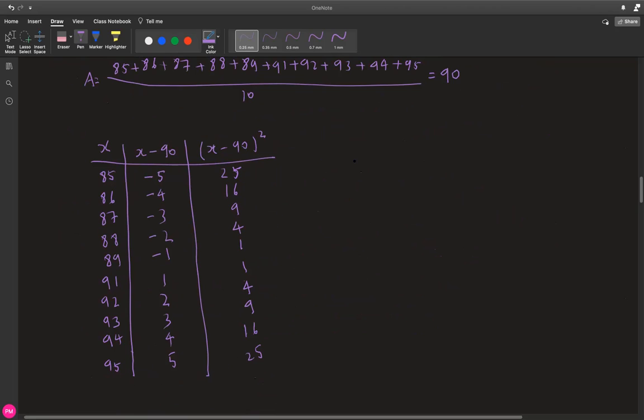So to find the variance, you're simply taking 25 plus 16 plus 9 plus 4 plus 1 plus 1 plus 4 plus 9 plus 16 plus 25, and you're dividing it by 10.